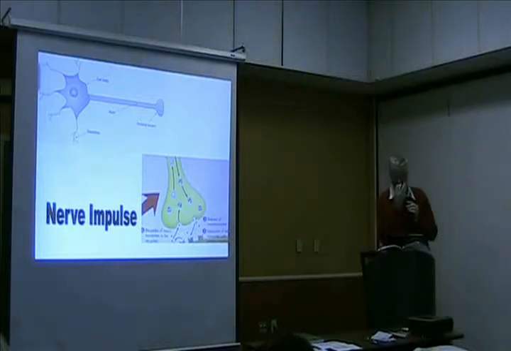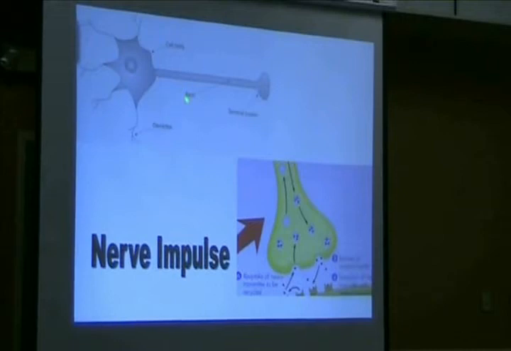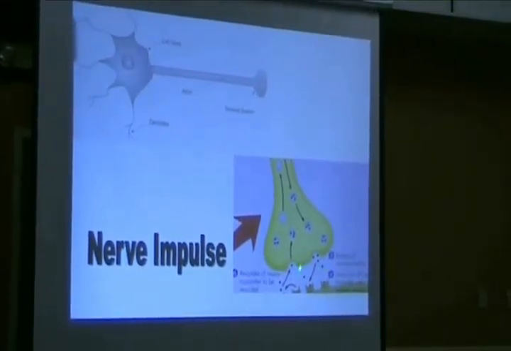Okay. Now, again, just going over the basics, when there's a nerve impulse, there is the release of the neurotransmitter down at the end of the nerve cell, the terminal end, and it spills out the neurotransmitter into the synapse.